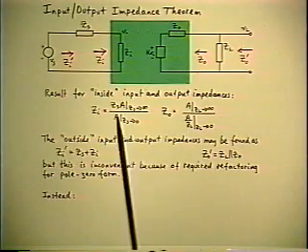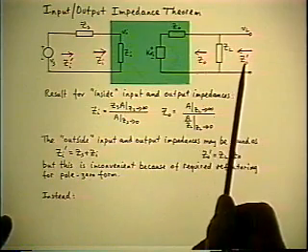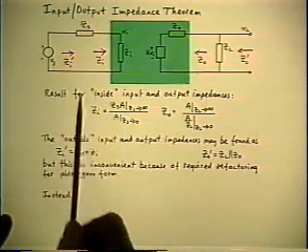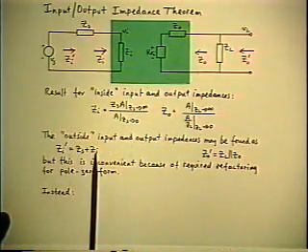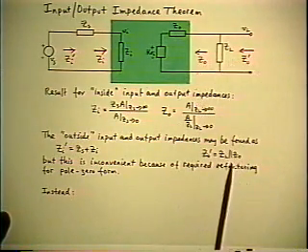That means that you could also define outside input and output impedances. I put a prime on them to distinguish the two. Obviously, Zi prime is equal to Zs plus Zi. Obviously, Zo prime is equal to Zl parallel Zo.